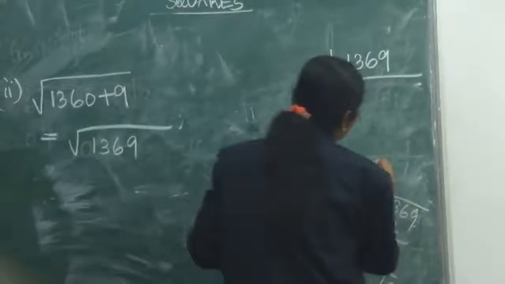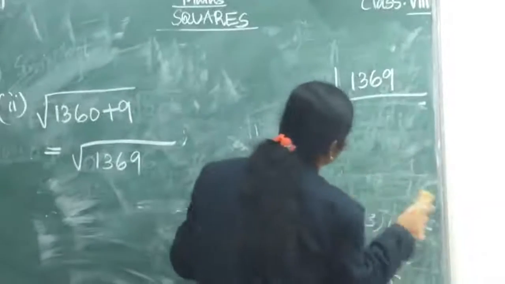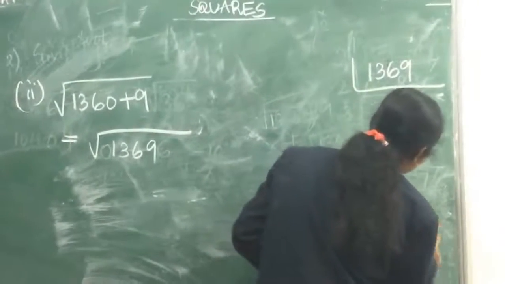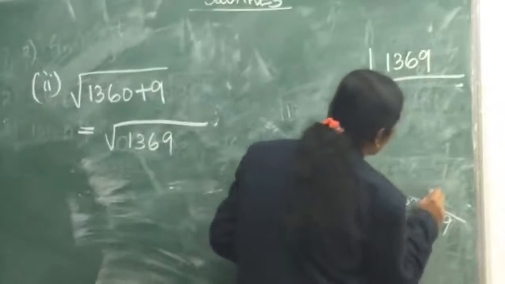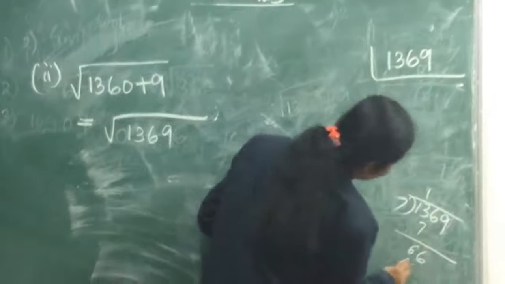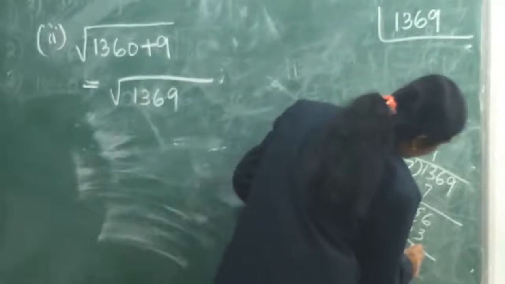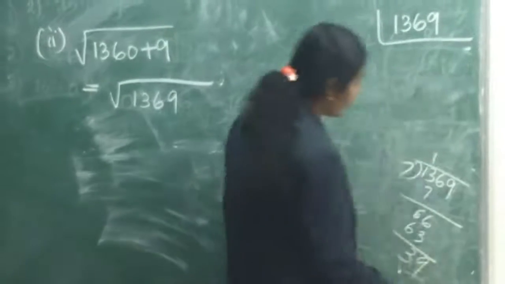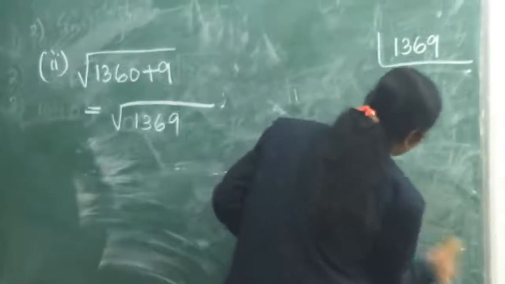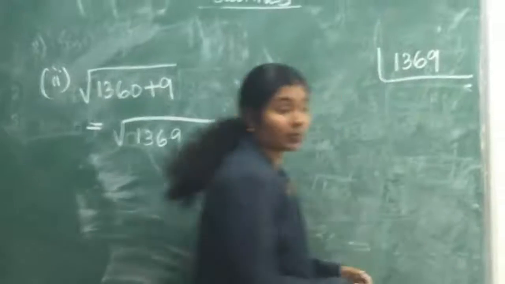Next 7. This number you should divide by 7. What you will get? 1369 when you are dividing by 7, not possible. Next prime number 11.